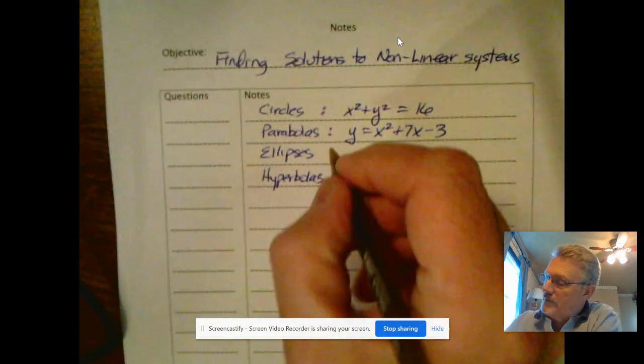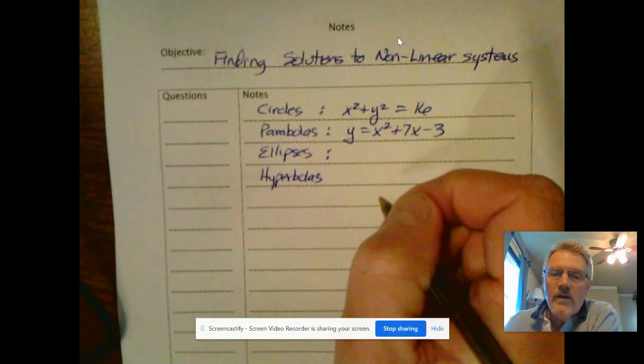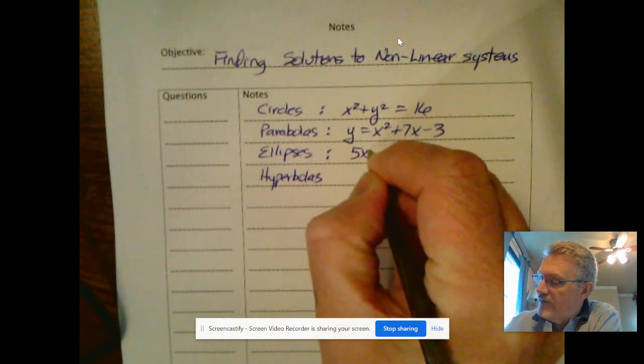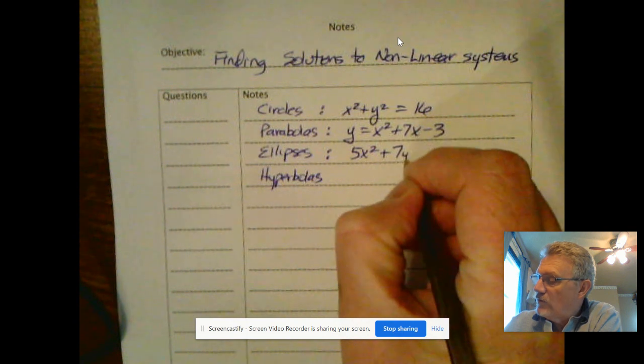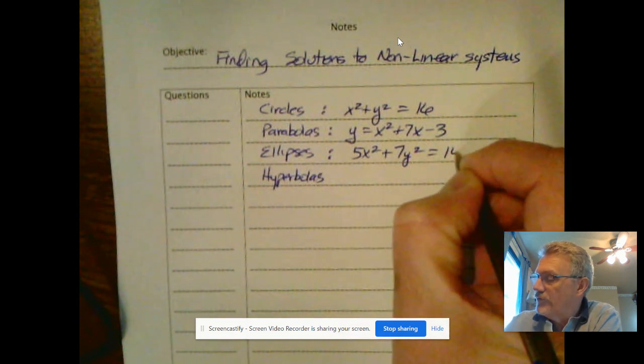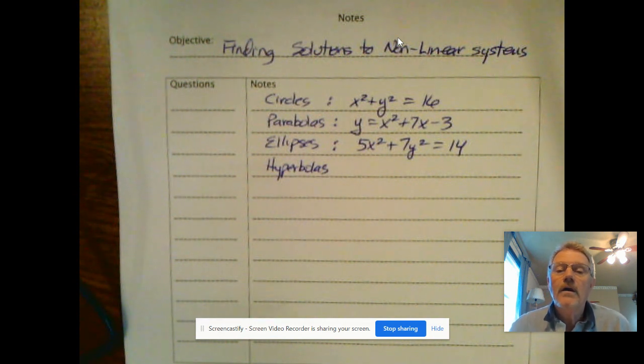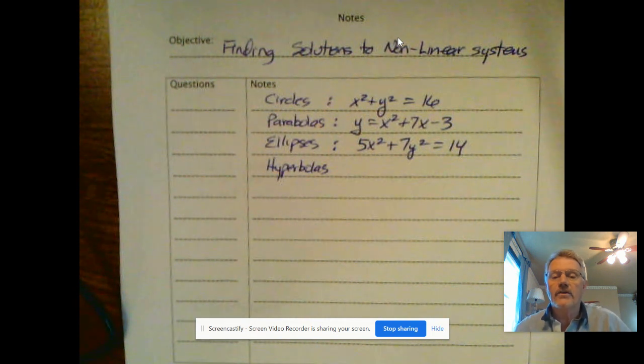An ellipse: x is squared, y is squared, but they have different coefficients. So 5x squared plus 7y squared equals 14 would be an example. They have the same sign, and they have different coefficients for the x squared and the y squared.